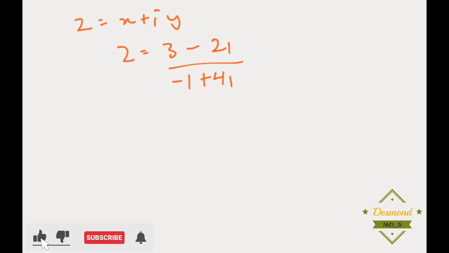When we try to do this, you know how we do it. Multiply the conjugate form of the denominator by both the numerator and the denominator. So we should get the multiplication of minus 1 minus 4i for both.